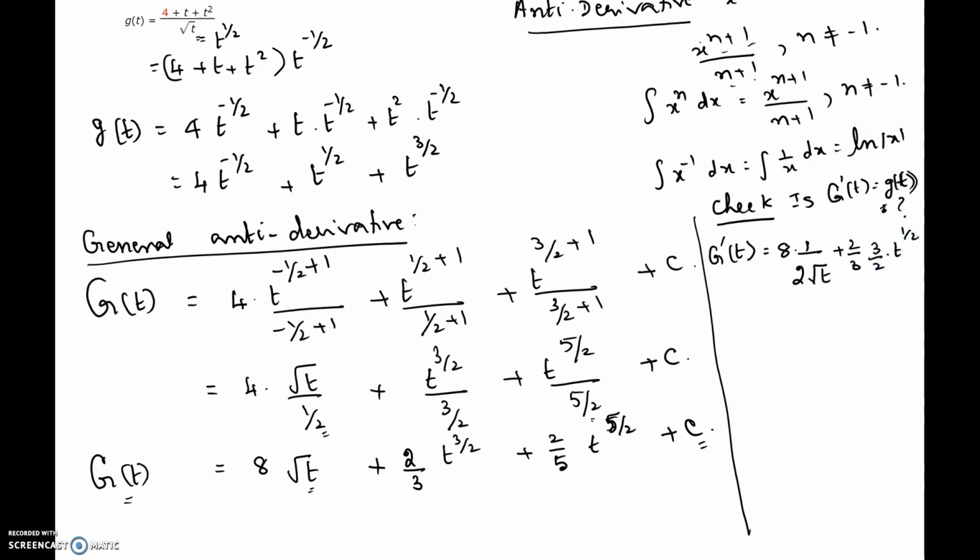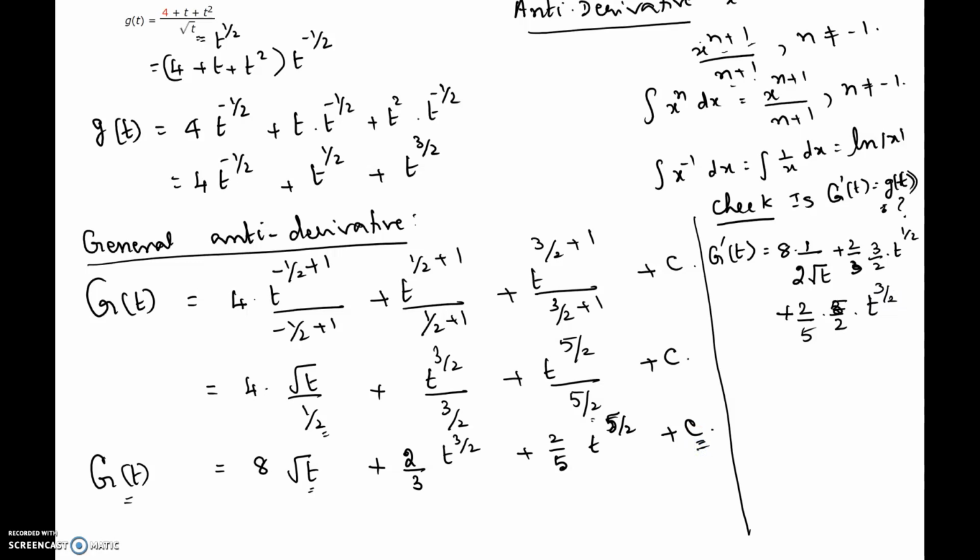When you are taking the derivative, it is n x to the n minus 1, exponent times variable to the exponent minus 1. That is the derivative rule. So 2/5 and 5 over 2 times t to the exponent 5 halves minus 1, which will be 3 halves.